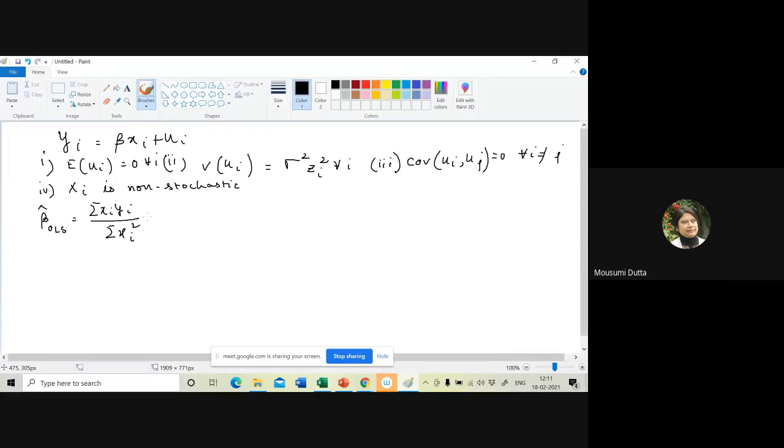Okay, and already we checked expectation of beta hat is equal to beta.